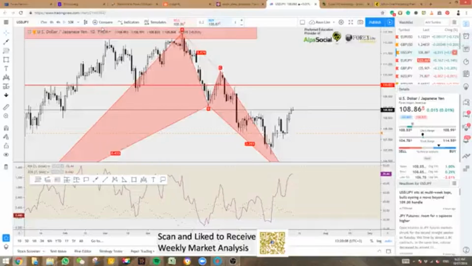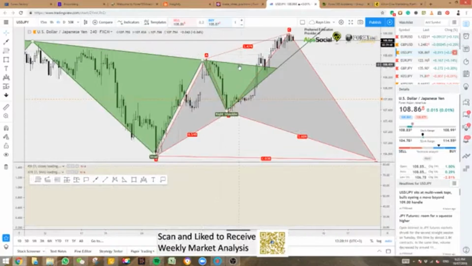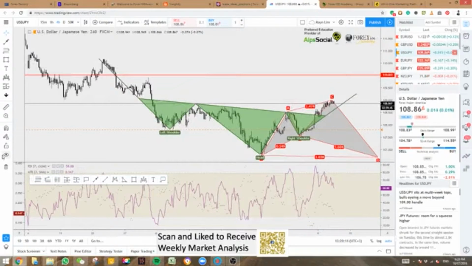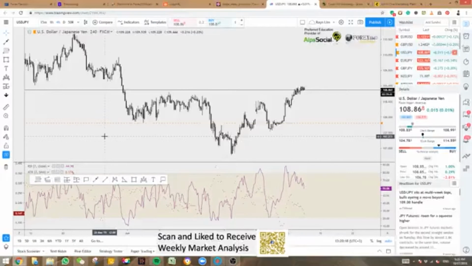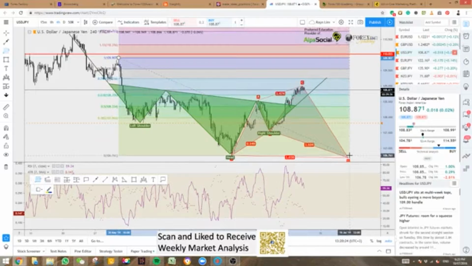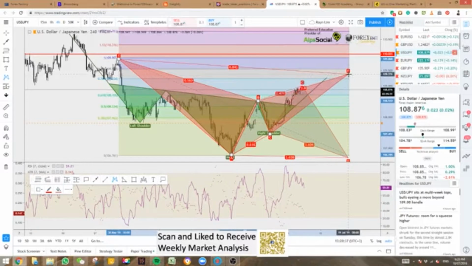Yesterday on the 4-hour chart we did spot a bearish bat pattern. So here it goes. For harmonic pattern traders, X to A, A to B, B to C, C to D completion somewhere over here, 88.6.